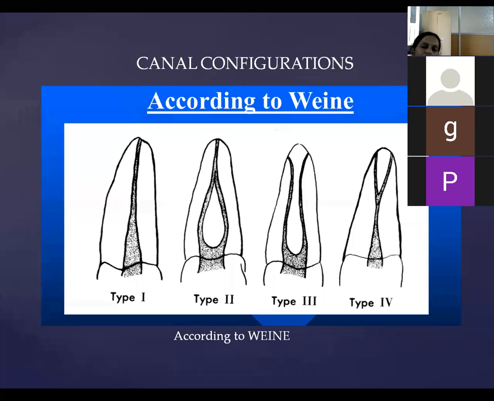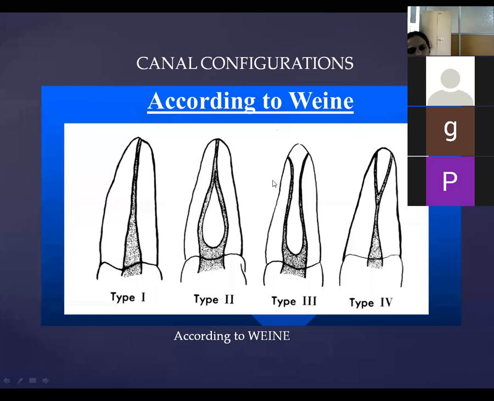So you should know different canal configurations: in which tooth how many canals are there, what deviations may occur, percentage wise, and also the different shapes and patterns of root canals. That's why you should know the canal configuration.